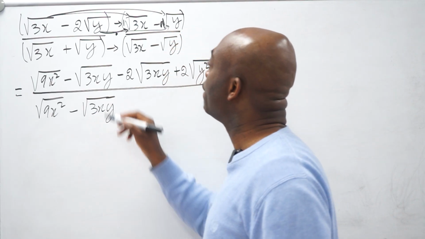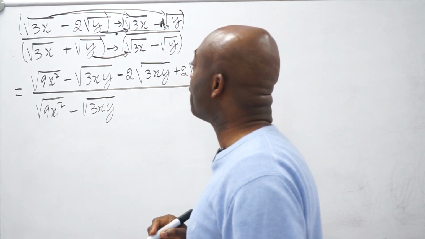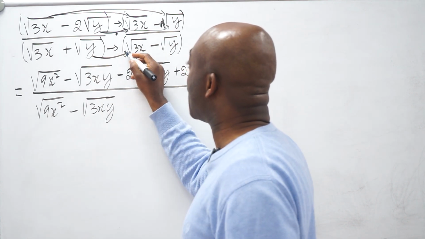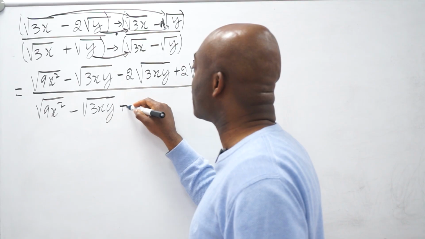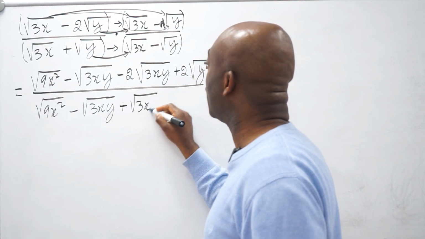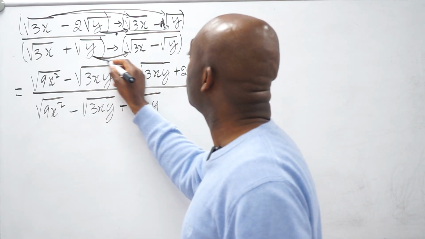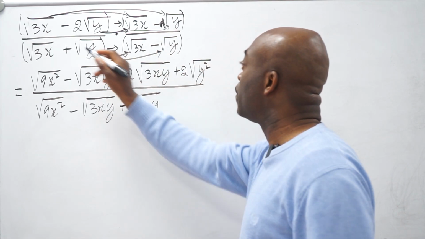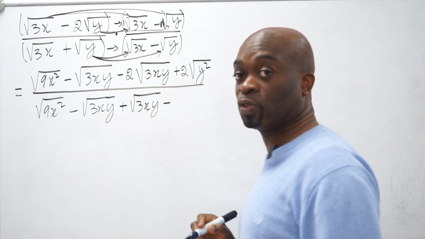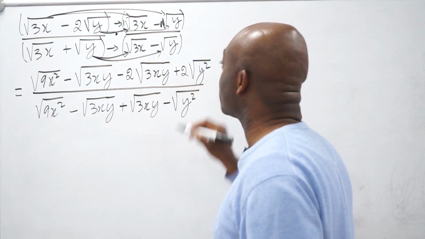All right? And then this one here, so what's going to happen? That would be positive times positive, nothing outside, so that stays like that. So that would be also square root of 3xy. And then also, when we have this one here, positive times negative is negative also. And then y times y, so we have y to the second power.